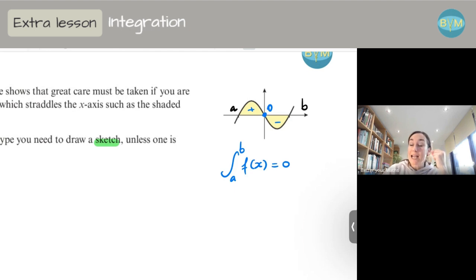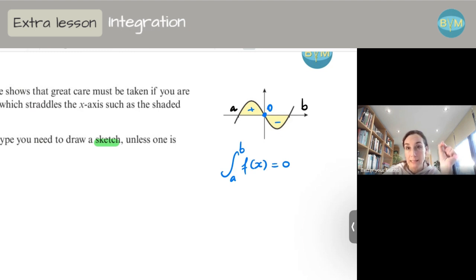So when they ask you to find an area, you have to be careful. On many occasions, they are going to ask you to do a sketch first, or they are going to give you the sketch. In that case, you will be able to see if your graph is wholly under the x-axis or partly above, partly below, and then you know that you have to split your integrations. If they don't, please do a sketch, because that happens mainly in the mechanics questions.